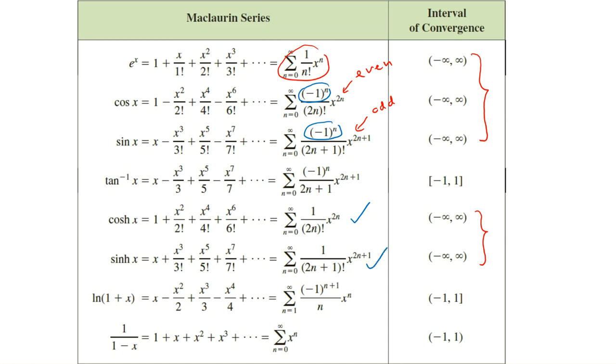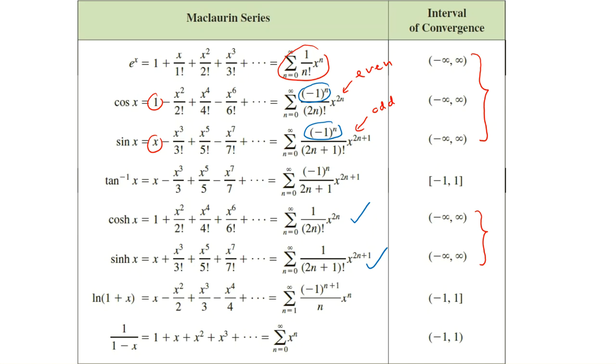Those are relations that may help you remember them. Cosine has all even powers, sine has all odd powers; cosine starts with 1 and alternately changes sign over the even powers, sine starts with x and alternately changes sign over the odd powers. If you remove the sign alternation, you get the hyperbolic sine and cosine, and all converge everywhere.